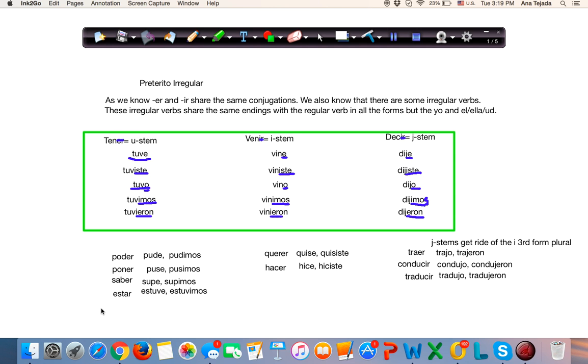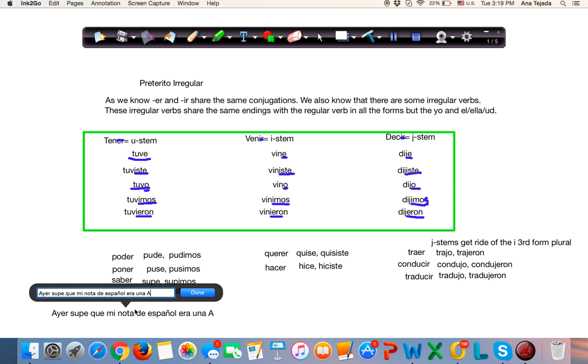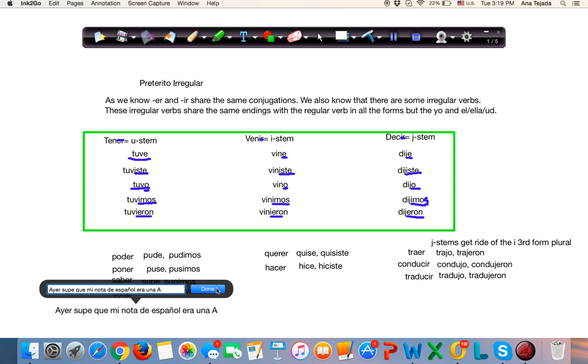Okay. Let's go back to this. Let's write an example with this. Poder. Okay, let's use saber, to know. Ayer supe que mi nota de español era una A. So remember, saber and conocer both mean to know, but saber is to know information.